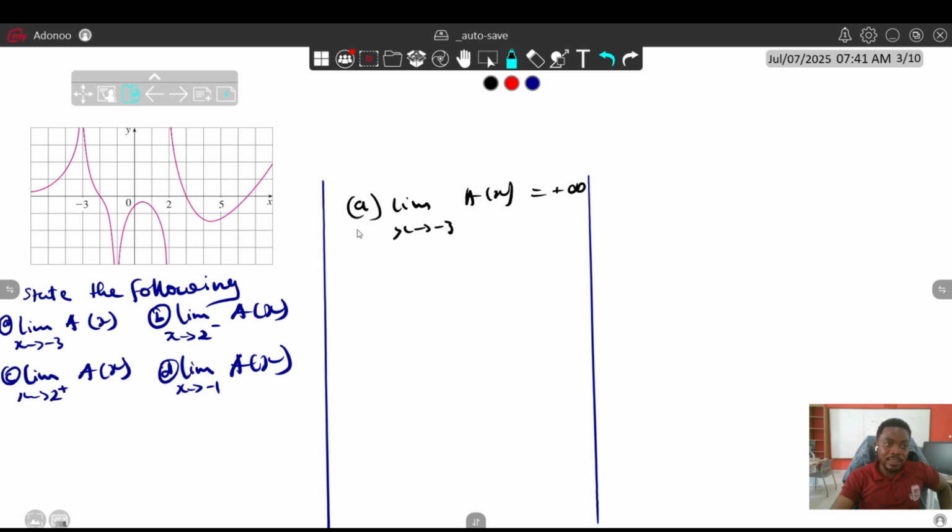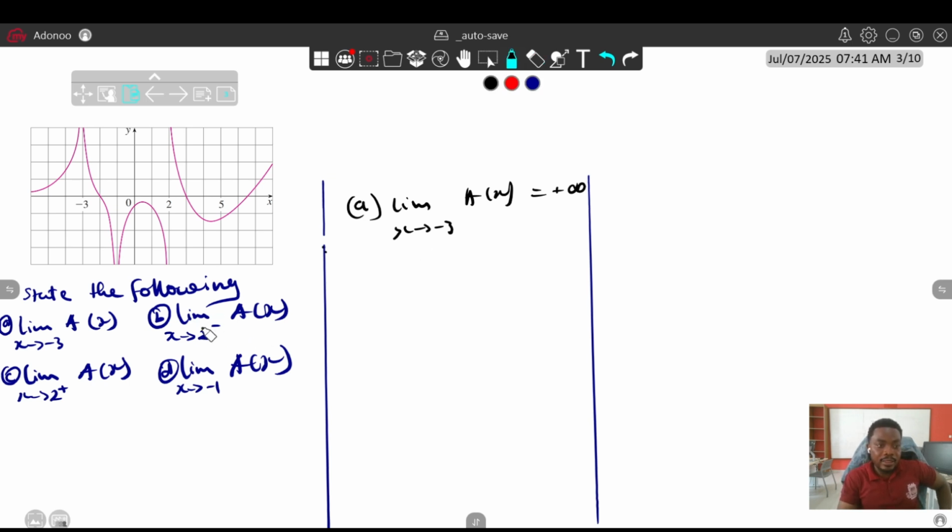So we say that the vertical line x equals negative 3 is a vertical asymptote. Okay, we say the line x is equal to negative 3 is a vertical asymptote. Okay, great.